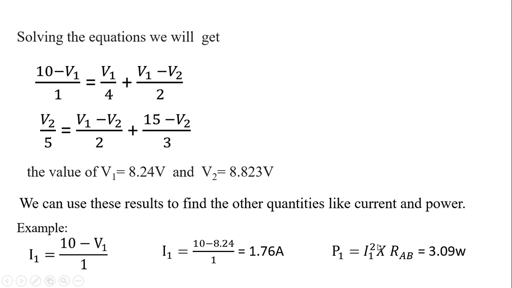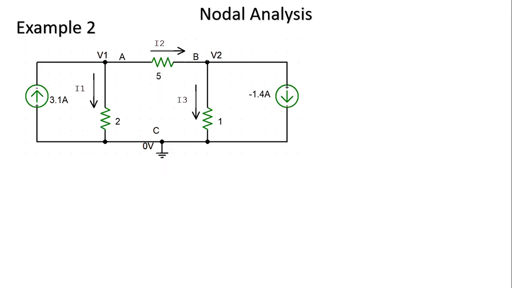Let us understand the nodal analysis technique a little more thoroughly by applying this knowledge to the next example, which has more current sources. This is a constant current source, and this is another constant current source. We will understand this in the next part of this video. Thank you.